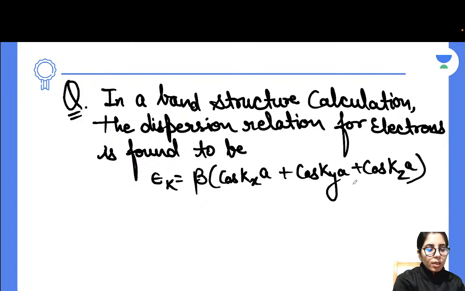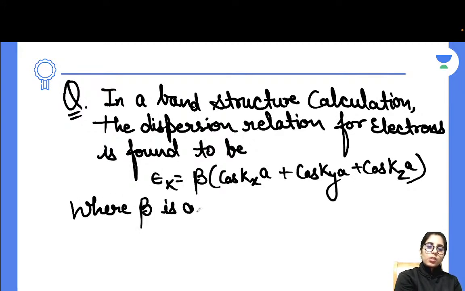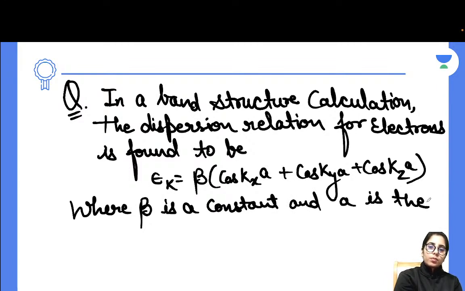Okay, next thing is where beta is a constant and a is the lattice constant.